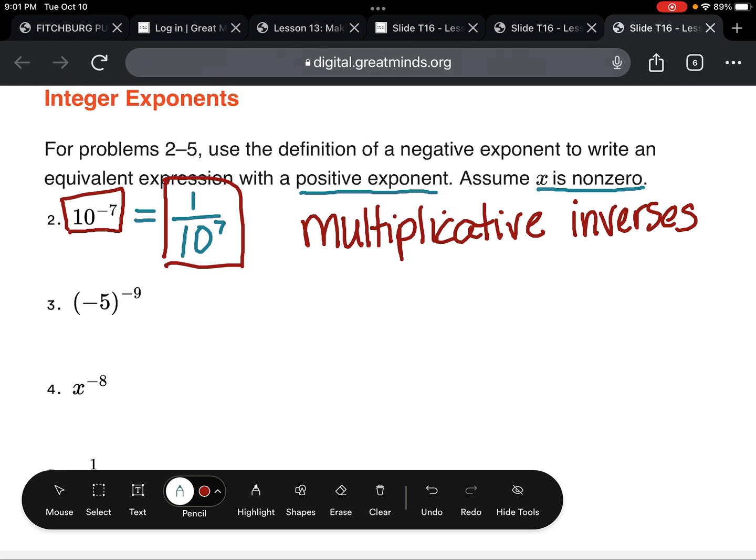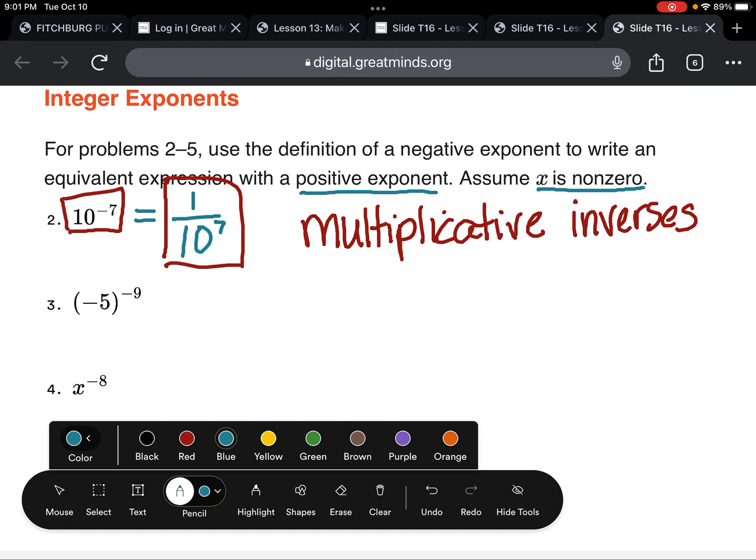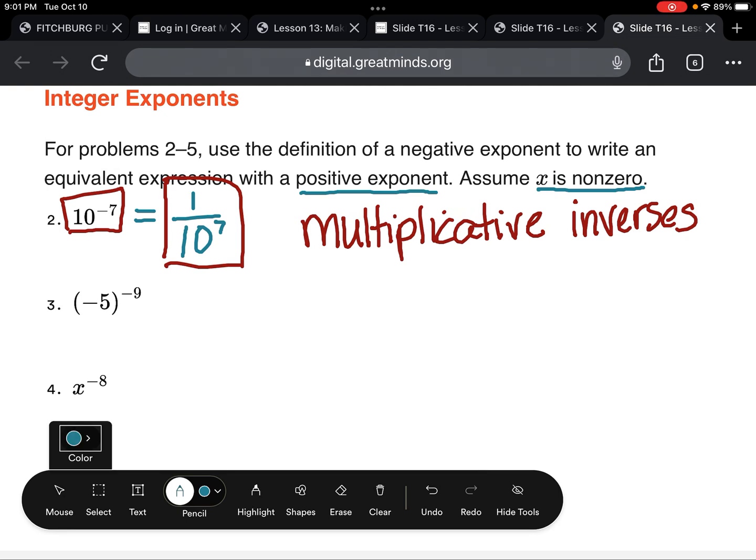So all of these problems, we are just rewriting so that they have positive exponents, which means we're putting whatever's being raised to that negative exponent in the denominator. So this would be equivalent to 1 over... our 5 is negative, so we are keeping that negative, but now since we're putting this into the denominator, instead of having a negative 9, we have a positive 9.